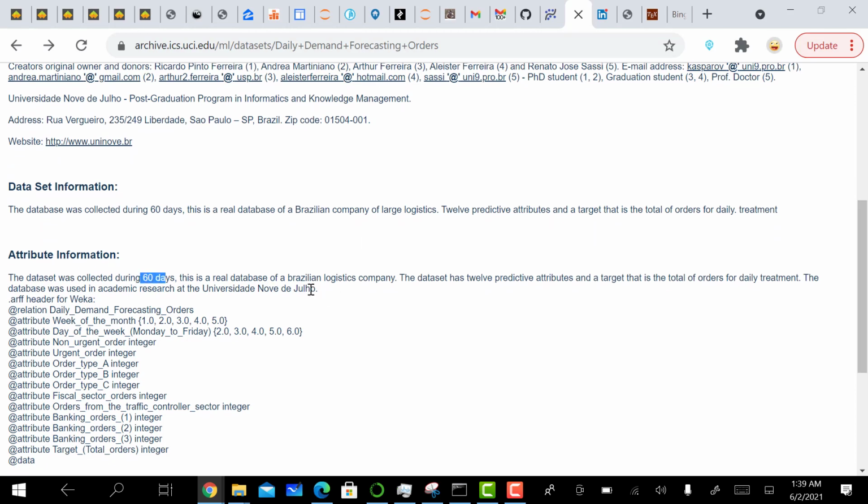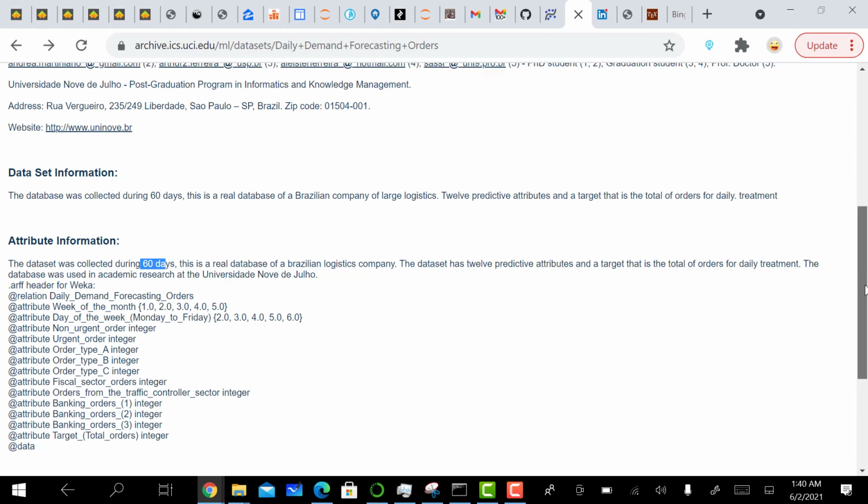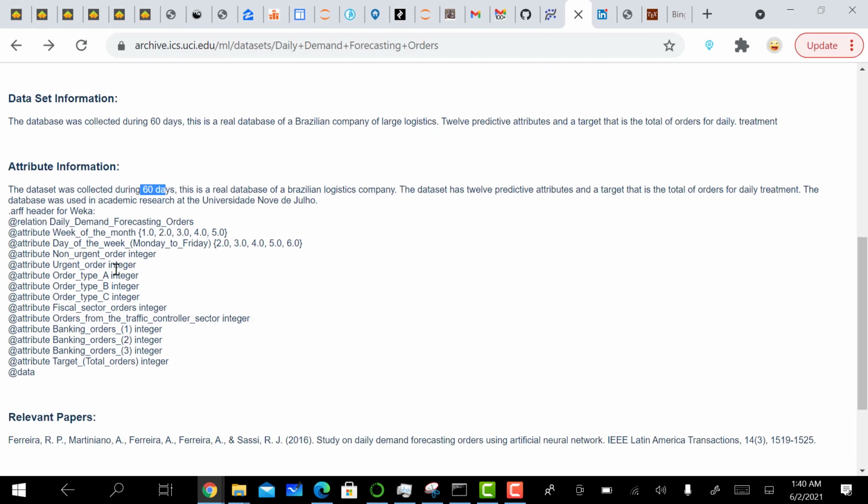It's a real data set that comes from a Brazilian logistics company. You have multiple attributes in this data set. You have the total order, which is really what I want to forecast, and then you have the index, which is the week of the month and the day of the week.